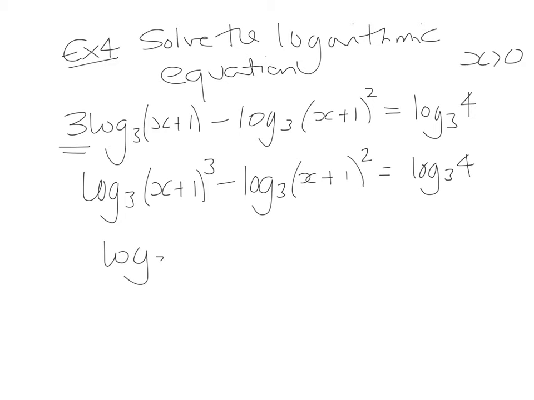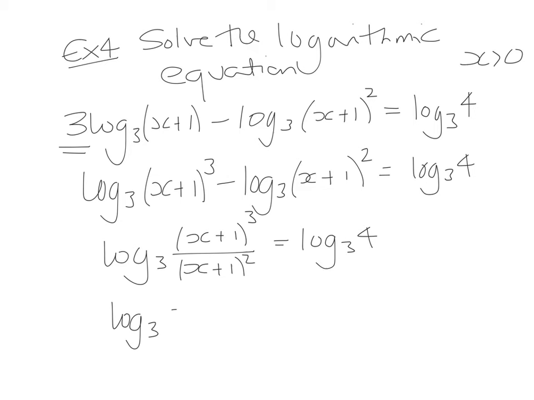So log to the base 3 of x plus 1 cubed over x plus 1 squared equal to log to the base 3 of 4. And hopefully, thinking back to algebraic fractions, you can realise that the brackets can cancel out here on the left hand side. So we have 3 of the brackets on the top and 2 on the bottom, so we can cancel out 2. So we're left with log to the base 3 of x plus 1 equal to log to the base 3 of 4.